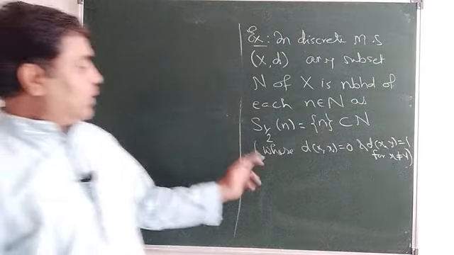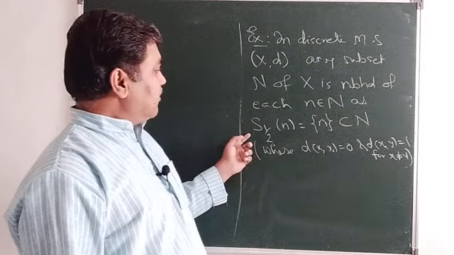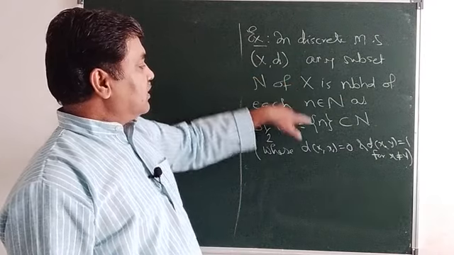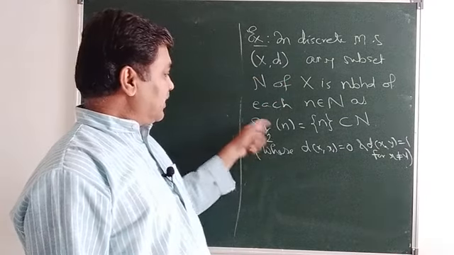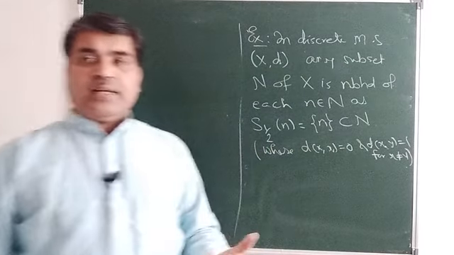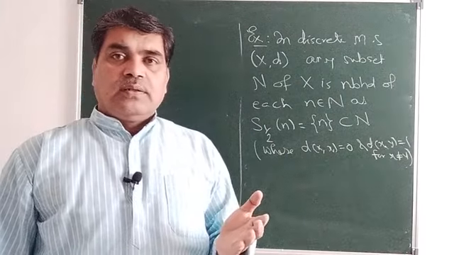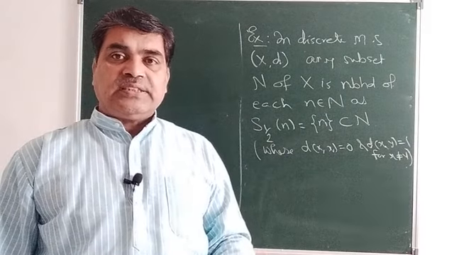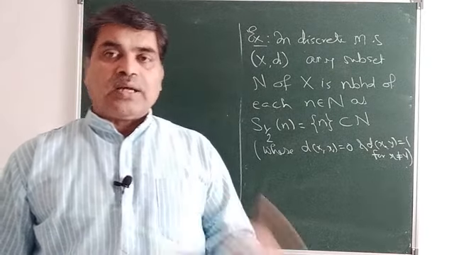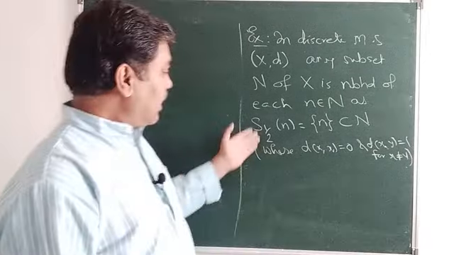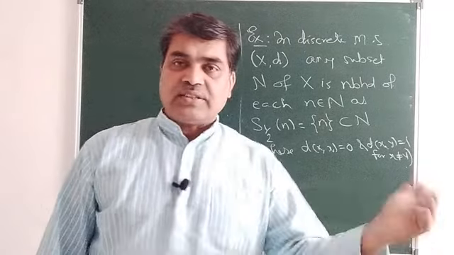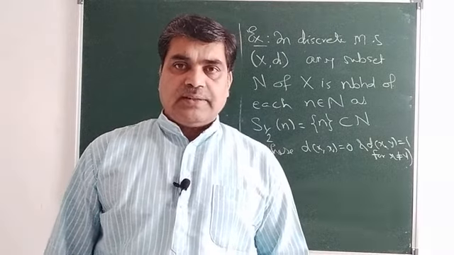Is it clear? If I take any subset of that discrete metric space, then for any point n in N, if I take the open sphere about n with radius half, we know that an open sphere in a discrete metric space is a singleton set for r less than or equal to 1, and it is the whole set for r greater than 1. So I am taking half here, and it is just a singleton set contained in that set. Is it clear?